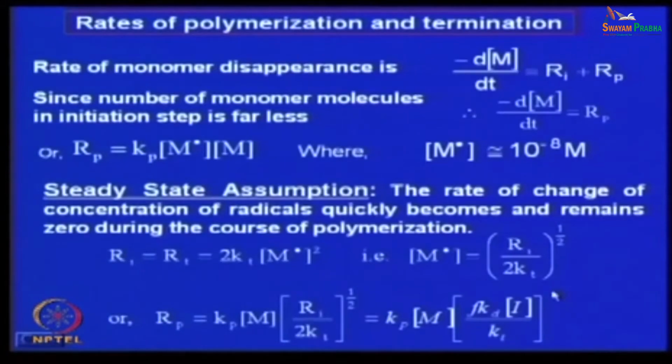The square root is there, of course, F k d I by k T. So, this is the overall rate of propagation, overall rate of polymerization. Once again I repeat, R P is equal to K P m into F k d I by k T to the power half.